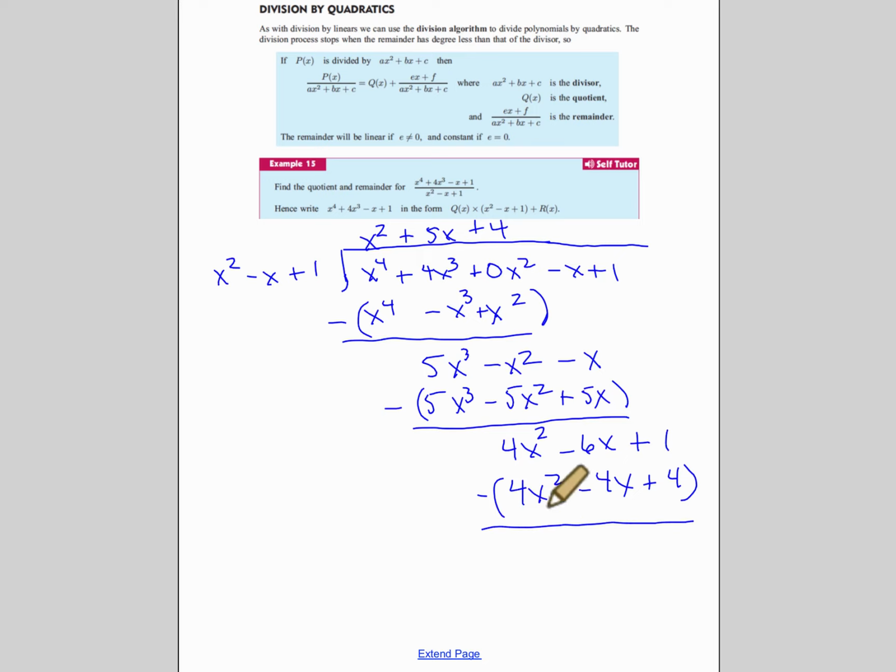So 4x squared minus 4x squared, 0. Negative 6x minus a negative 4x is a negative 2x. And 1 minus 4 is a negative 3. So the result, finally, of this division is x squared plus 5x plus 4.